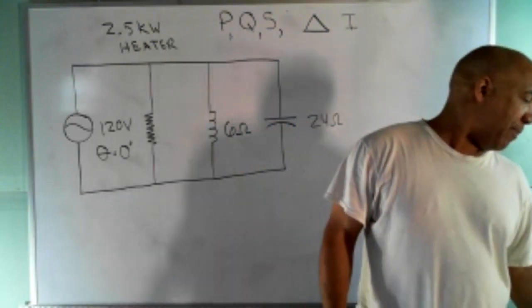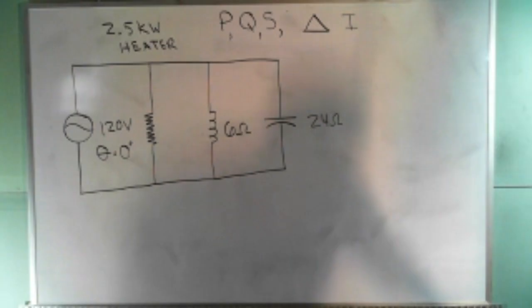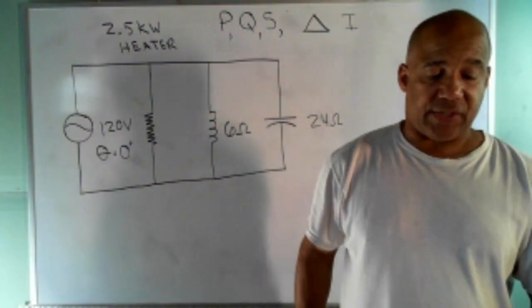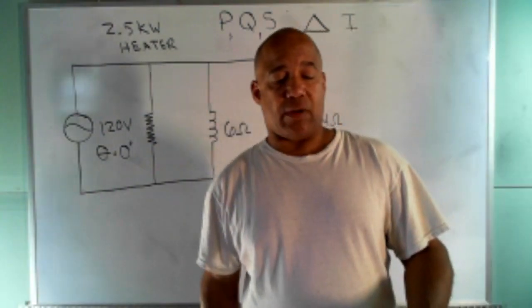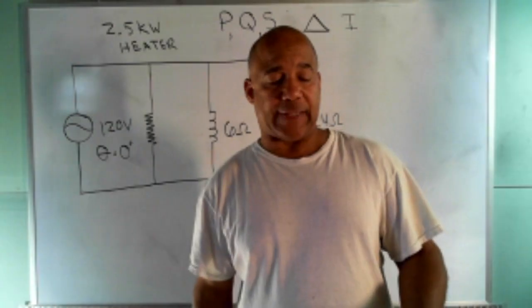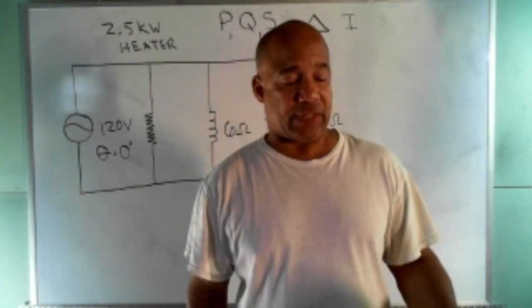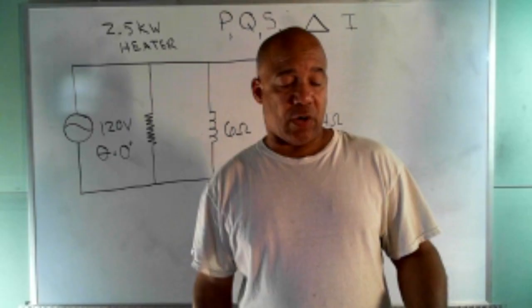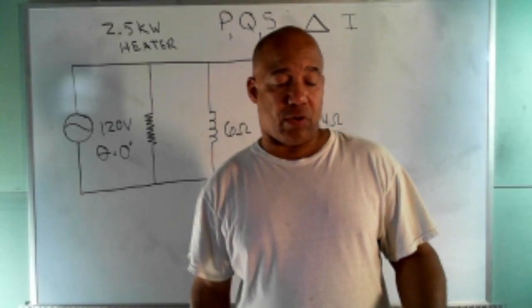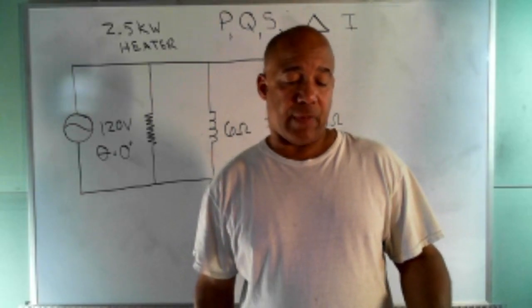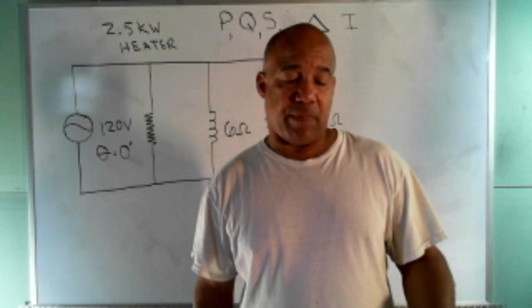So I have the paper, and they want us to find some of these values. I'm just reading off the handout. This is the one titled AC Power Practice 2. We did Practice 1 last class. A generator supplies power to an electric heater, an inductive element, and a capacitor as shown right here.